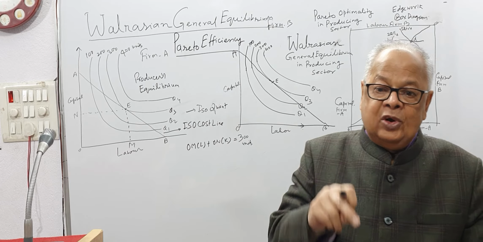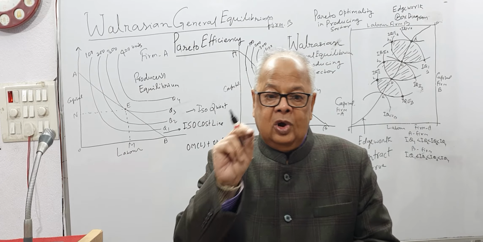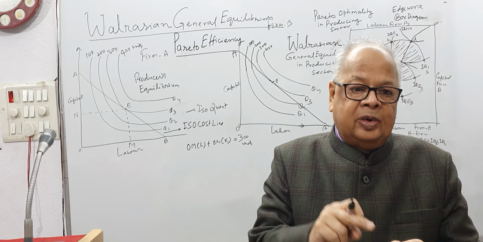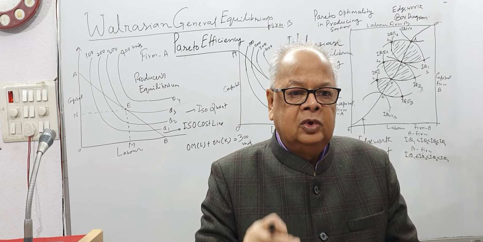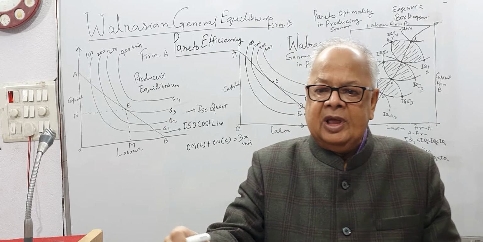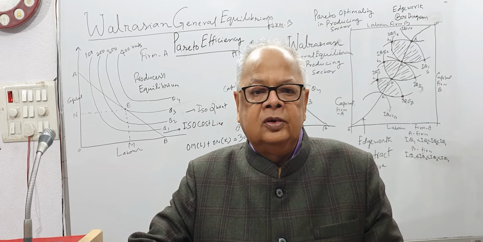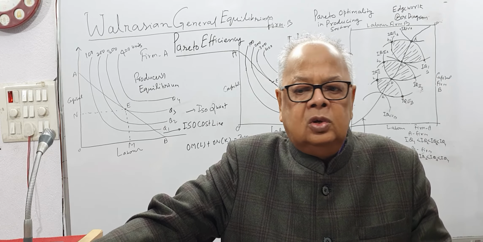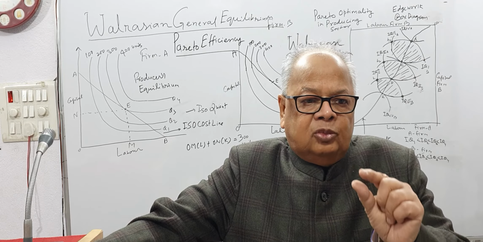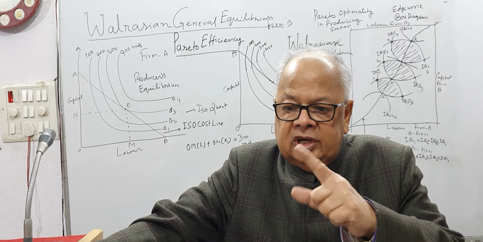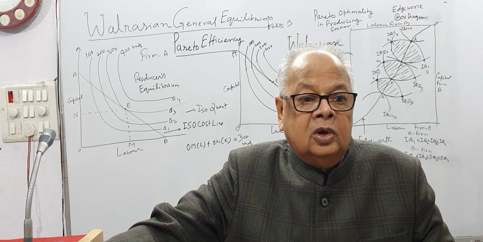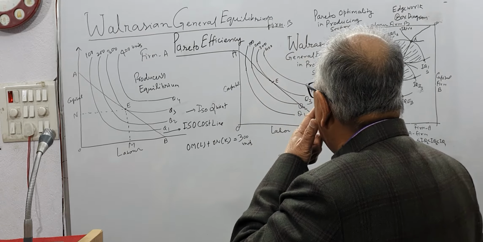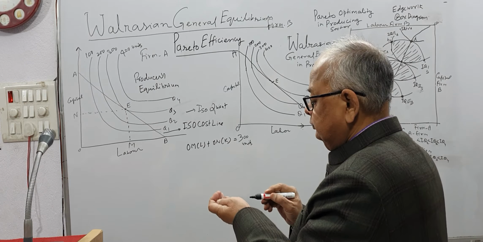At that one point, the factor price line of A firm is tangent to the isoquant of A firm, and the factor price line of B firm is tangent to the isoquant of B firm, and at both tangencies the slope of the isoquants is equal.